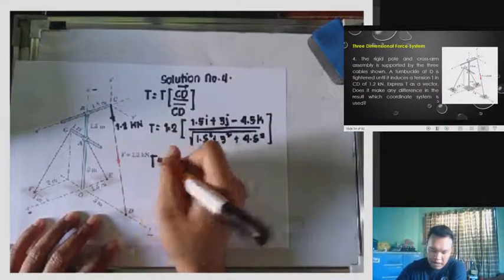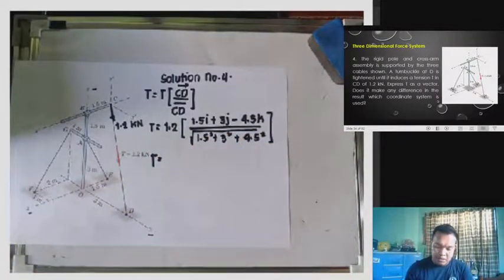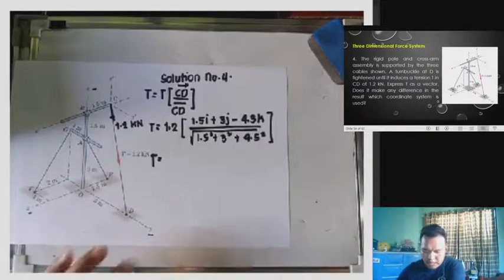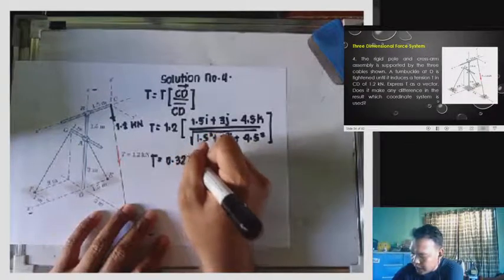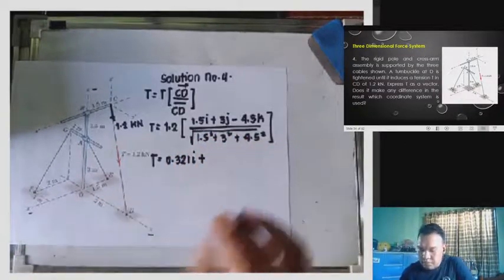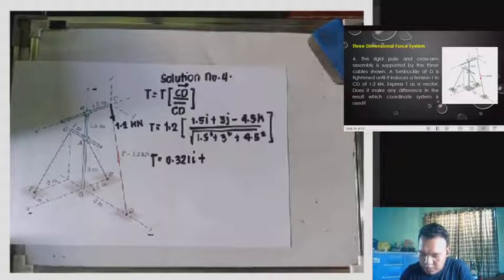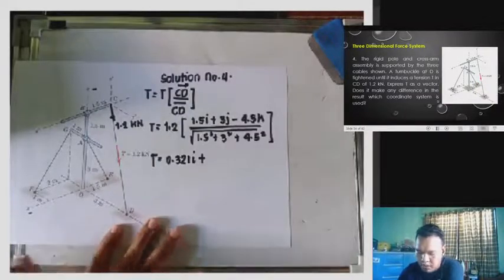Therefore, T is equivalent kay 1.2 multiplied by 1.5 all over the square root ni 1.5 squared plus 3 squared plus 4.5 squared. Therefore, ang I natin ay 0.321 I plus yung 3 naman tayo. 1.2 times 3 all over square root ni 1.5 squared plus 3 squared plus 4.5 squared.